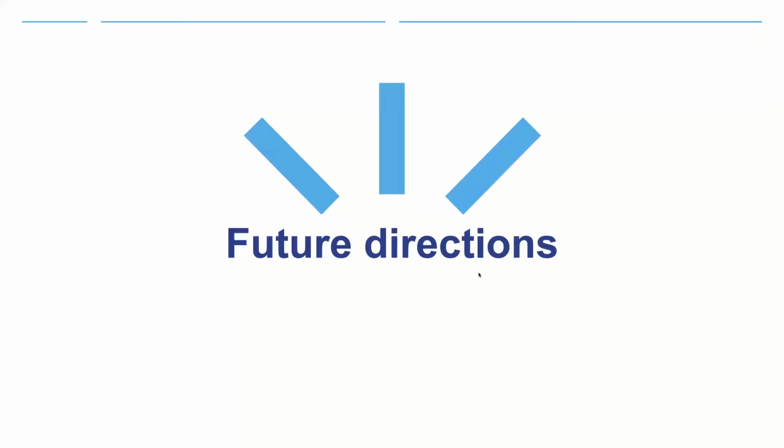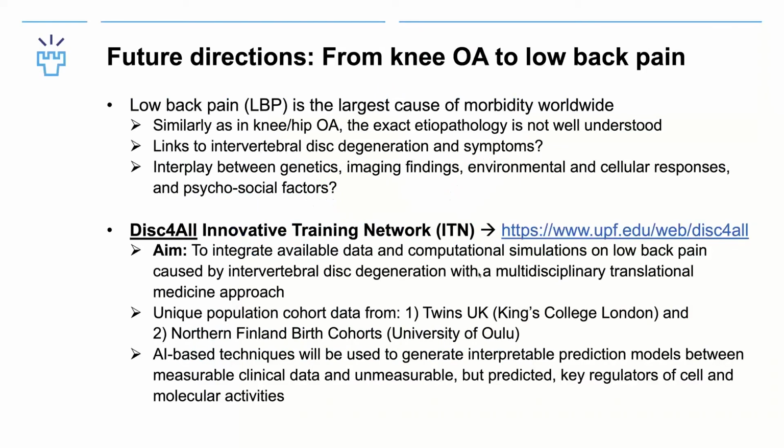Some of the future directions that I want to highlight at the very end of the presentation is our new European level project focusing on low back pain. Low back pain is actually the largest cause of morbidity worldwide. And similarly as in knee or hip osteoarthritis, we don't really understand well the exact etiology of low back pain.